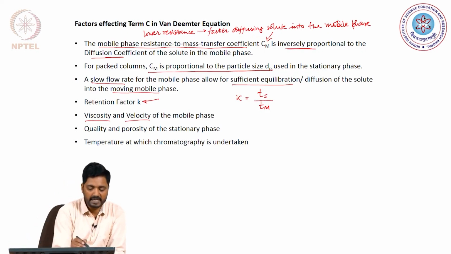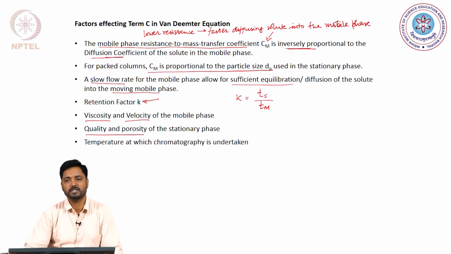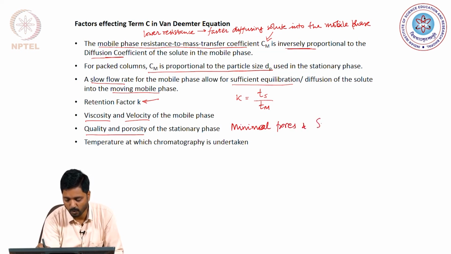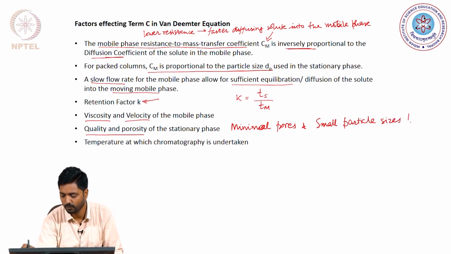Finally, the quality and porosity of the stationary phase becomes important. We would want to have minimal pores and small particle sizes for the smallest C into U term.